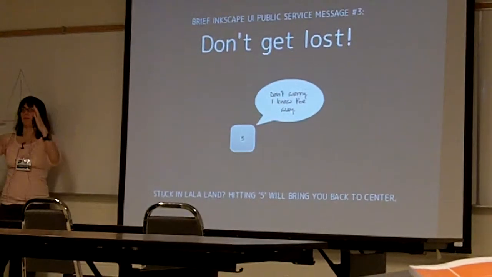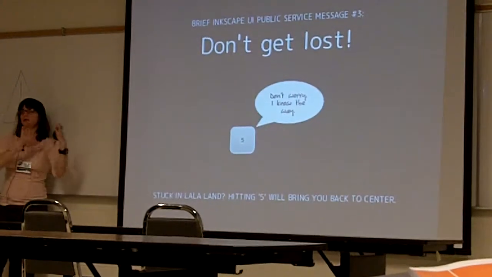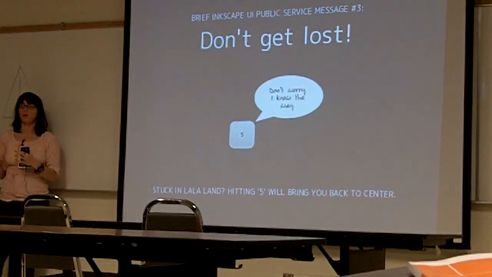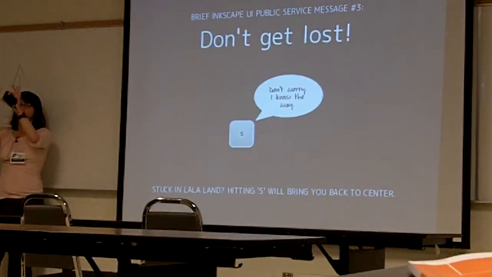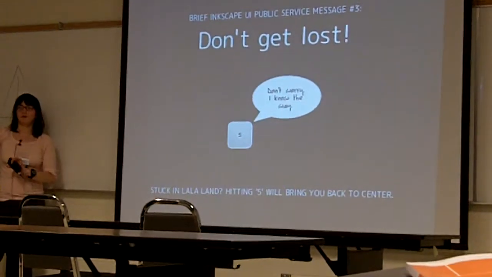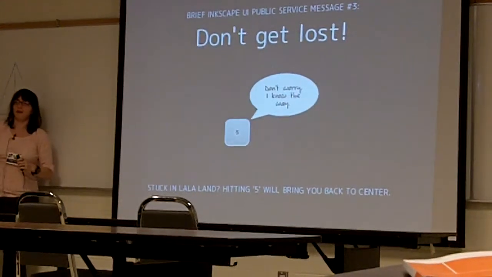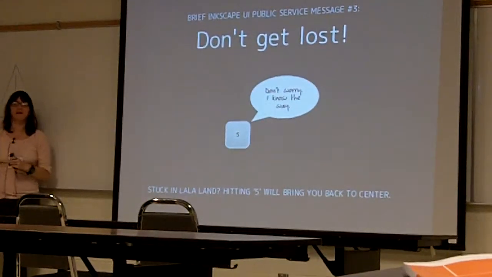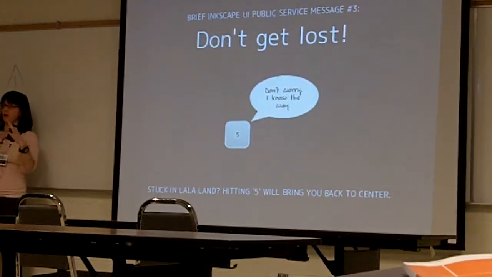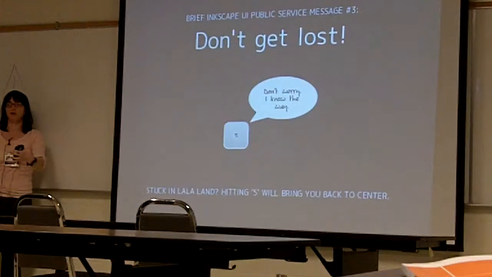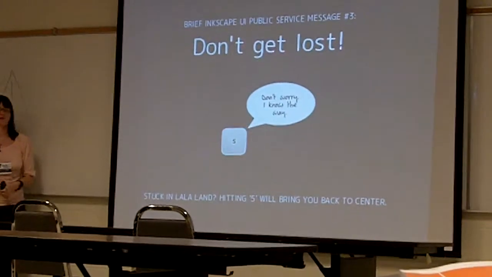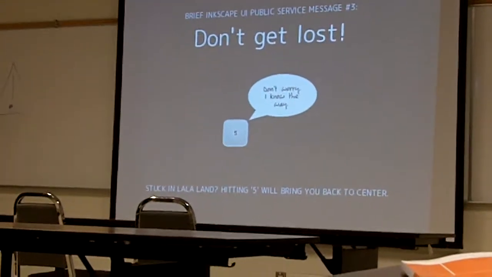I'll stack them vertically, or horizontally, or a mix of both. So I'm constantly panning around in the file, and sometimes if my mouse goes a little crazy, or if I just hit the key too many times, I get lost in There Be Dragons land, and I don't know where I am. If I hit 5, it just zooms me right to the center mockup, so then I'm back on track. So 5 is a handy key to know.